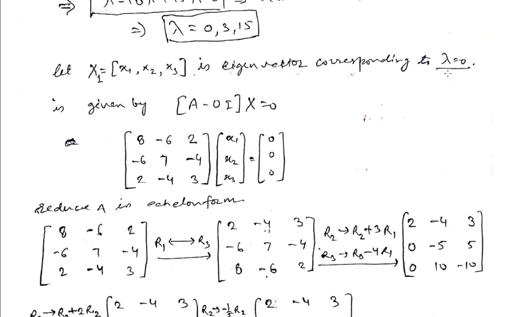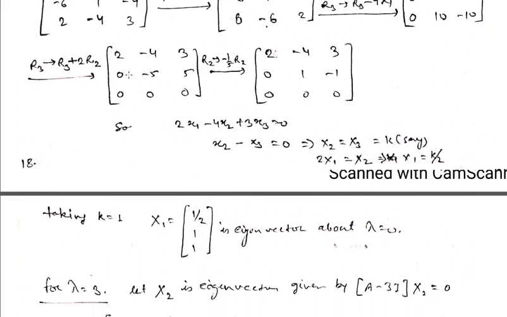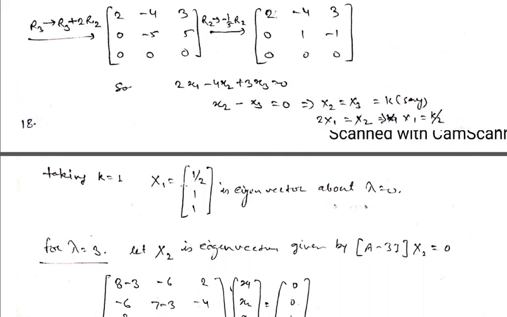which is an eigenvector corresponding to eigenvalue lambda equal to 0, is constructed by x1, x2, x3. Here x1 is half k, x2 is k and x3 is k. So if we choose k as 1, the eigenvector becomes half, 1 and 1. It's not necessary that we choose k as 1 only.